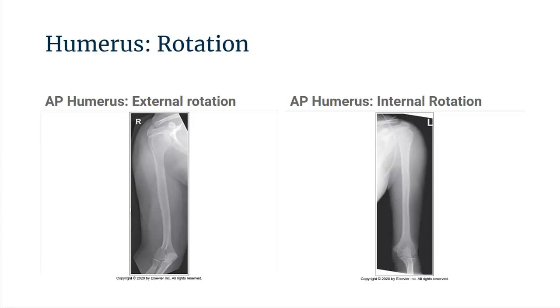To correct this positioning error, we need to continue rotating the humerus externally until the humeral epicondyles are parallel with the image receptor. By carefully evaluating these anatomic landmarks, you can ensure an optimal AP projection of the humerus, thus improving your diagnostic quality.